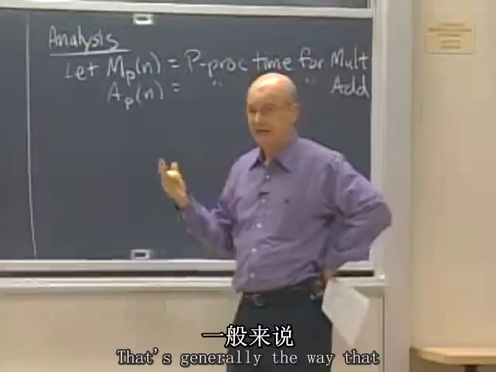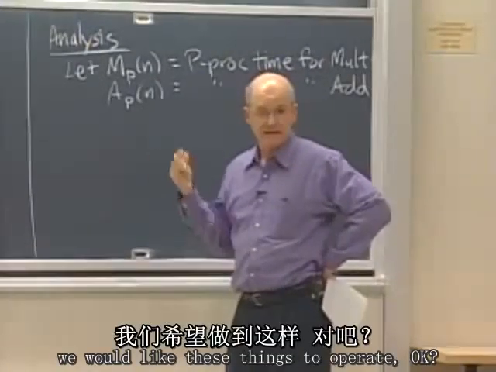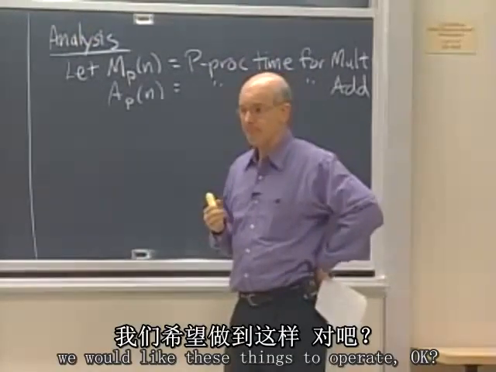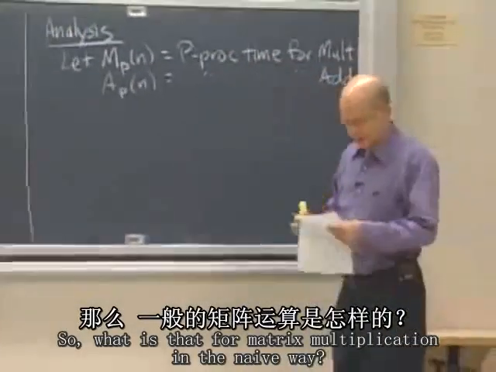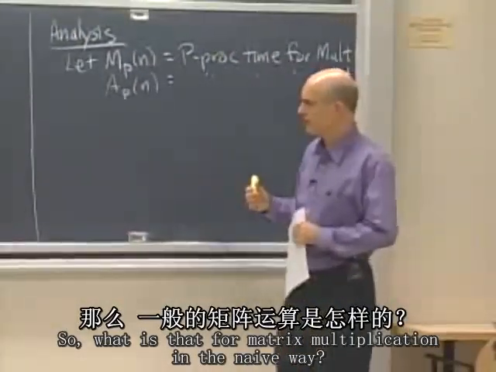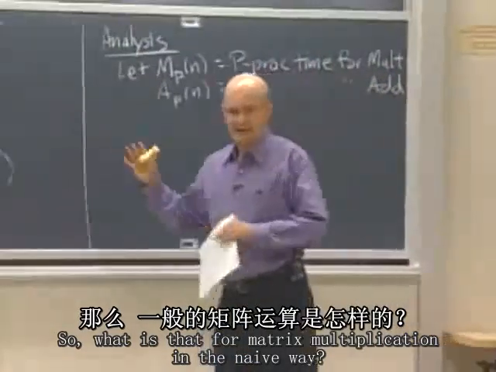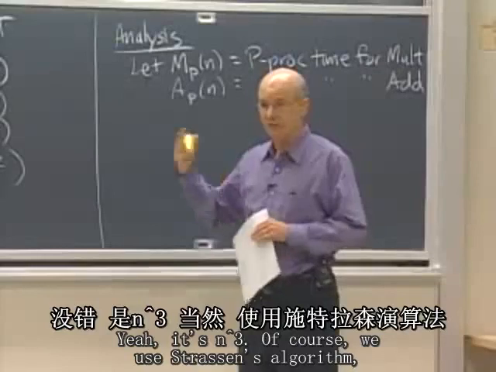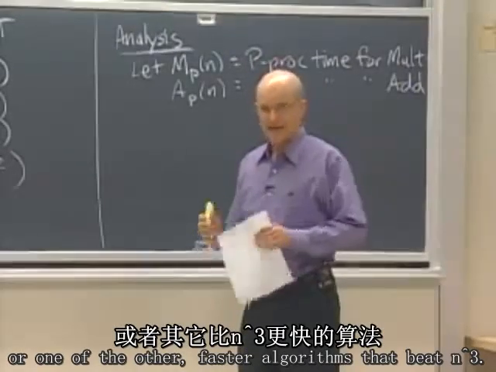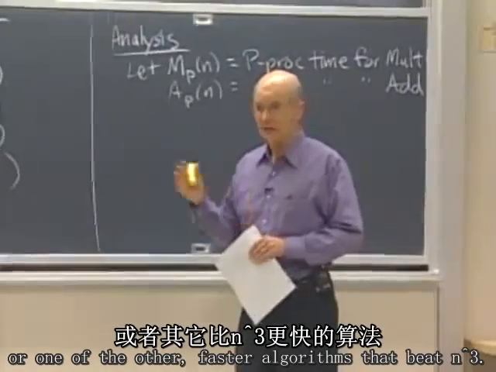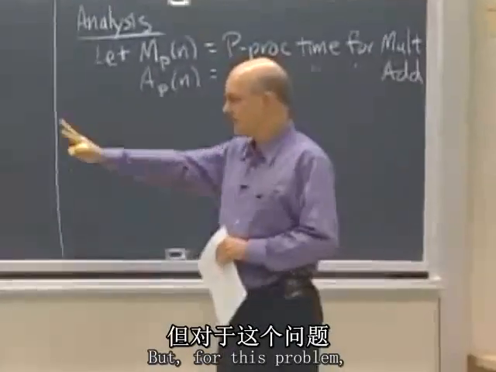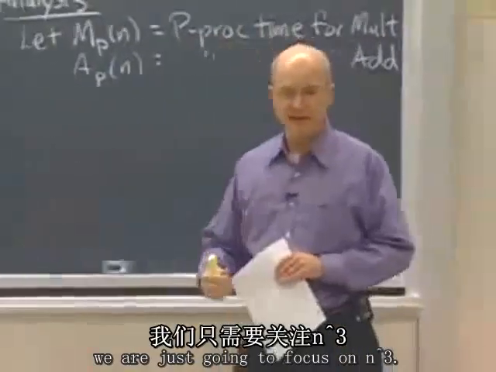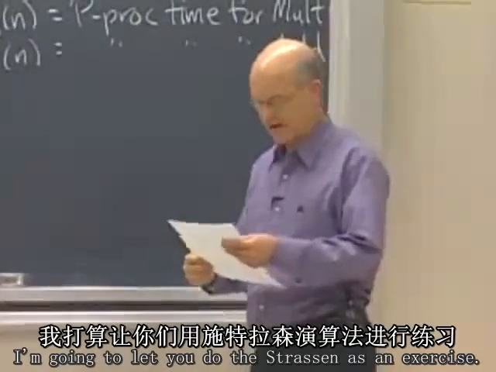That's generally the way that we would like these things to operate. Okay? So let's see. So what is that for matrix multiplication in the naive way? Yeah, it's n cubed. Of course, if we use Strassen's algorithm or one of the other faster algorithms, we can beat n cubed. But for this problem, we're just going to focus on n cubed, and I'll let you do the Strassen as an exercise.